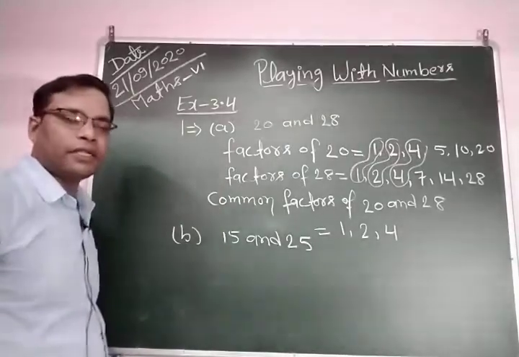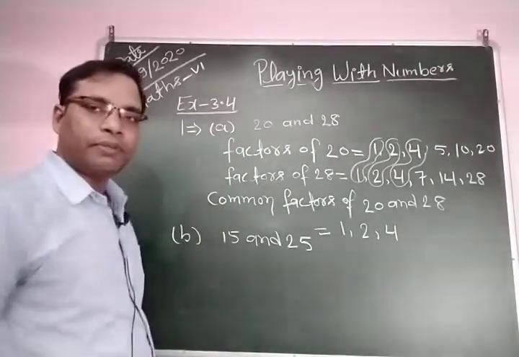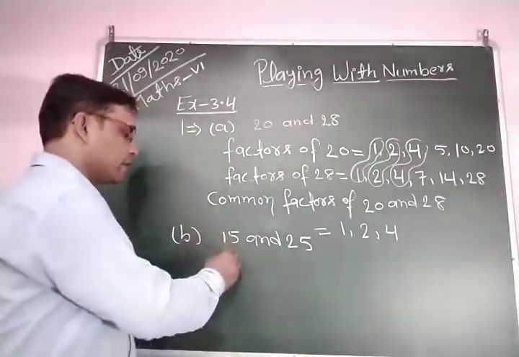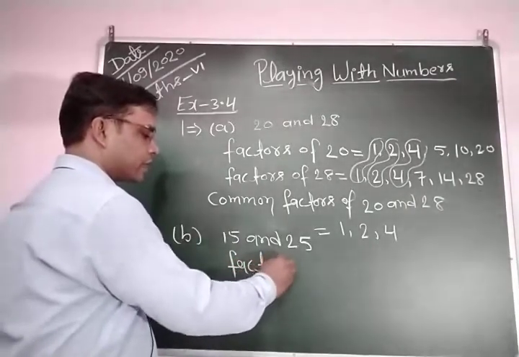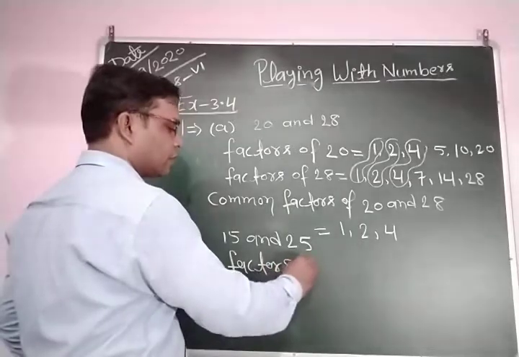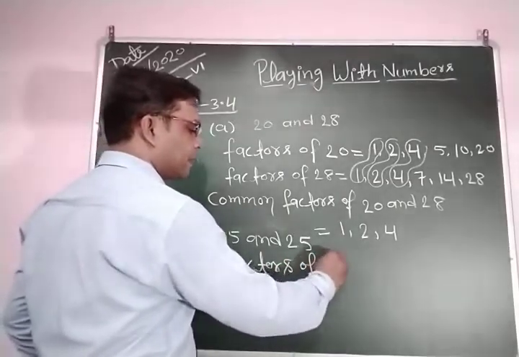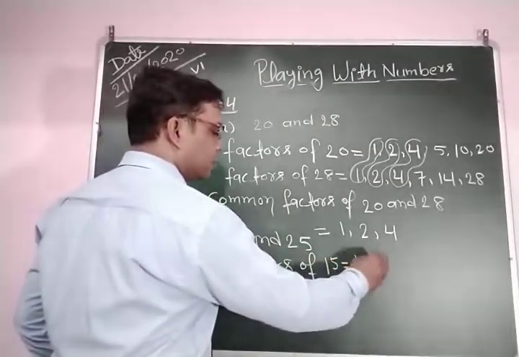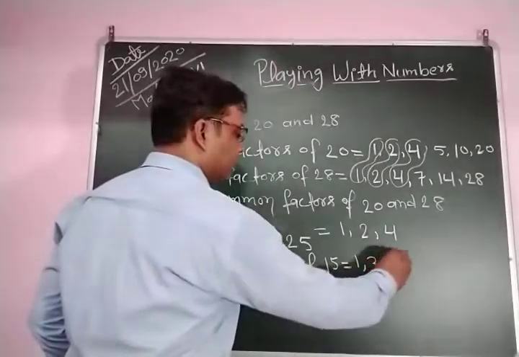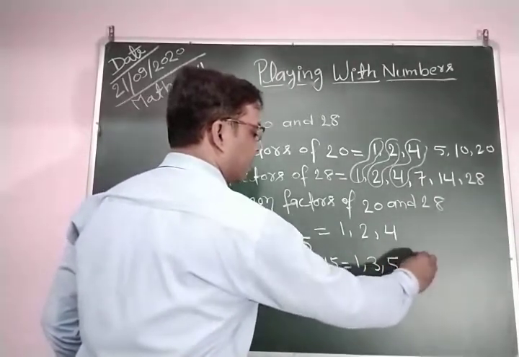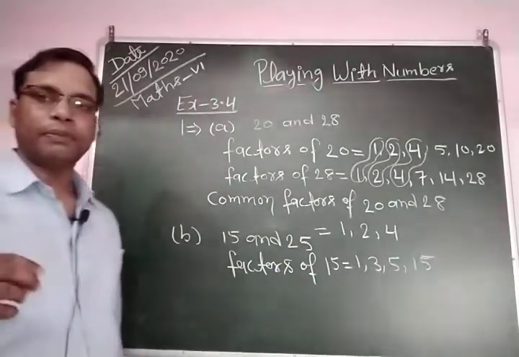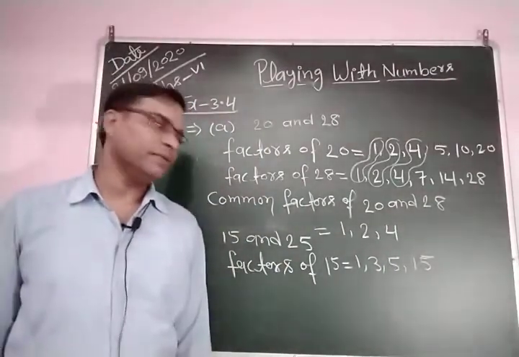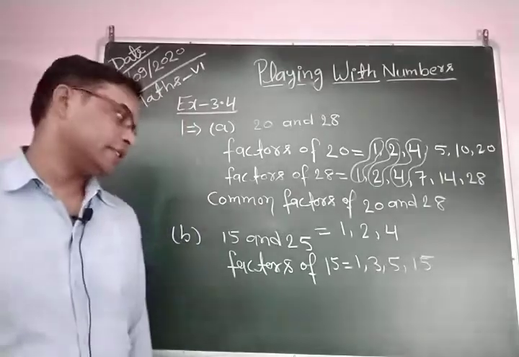So first you write the factors of 15. Factors of 15 are 1, 3, 5 and 15 itself.